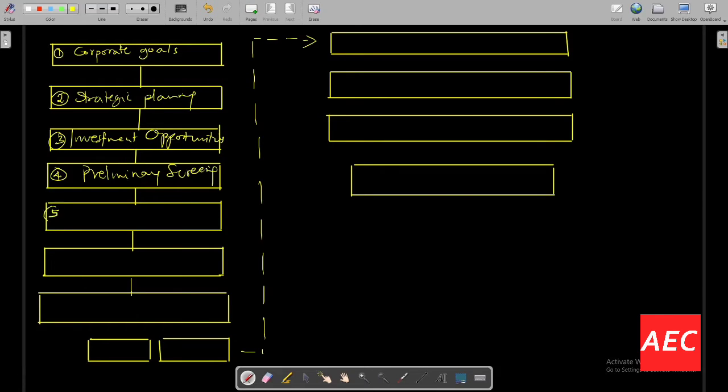The next process is financial appraisal, and this one may involve quantitative analysis. So, financial appraisal simply means that the company may decide to use tools to analyze the proposed projects quantitatively.